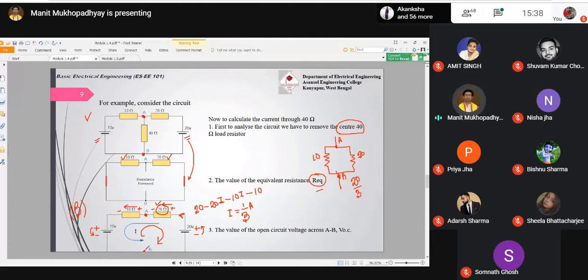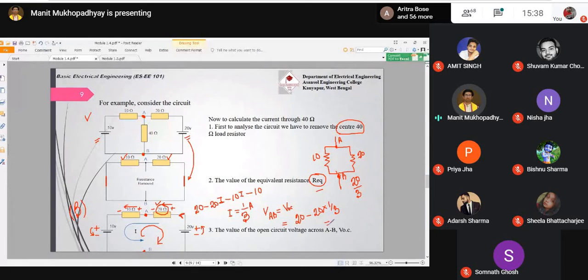After VAB, 10 volt is present. So I am writing here VAB, or I can say this one is VOC because this one is open circuit, equals 20 volt minus 20 into 1/3, correct?